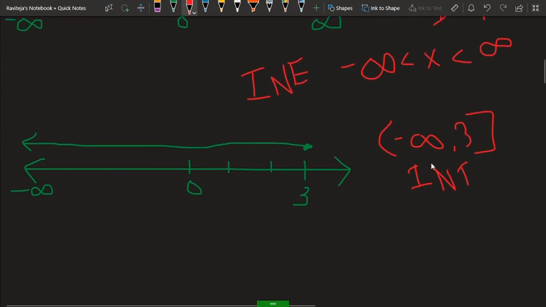Judging from the interval notation, our inequality notation for this case would be negative infinity is less than x, which is less than or equal to 3. Since 3 has a closed circle on top of it, it is an included value, and this line just continuously goes to the left towards negative infinity. Therefore, this would be our interval notation, and this is our inequality notation.